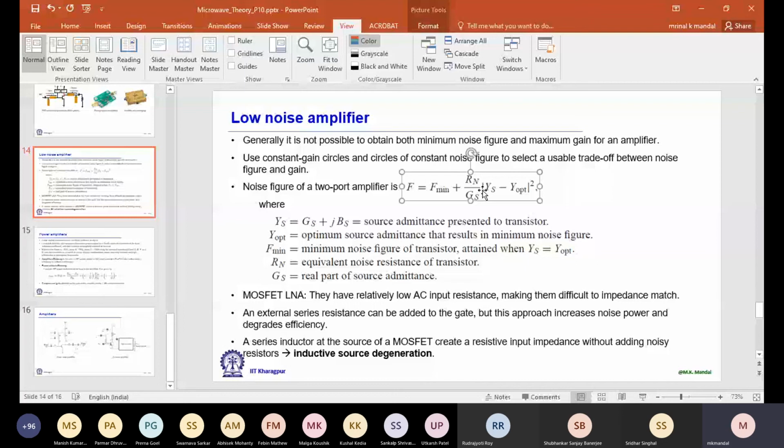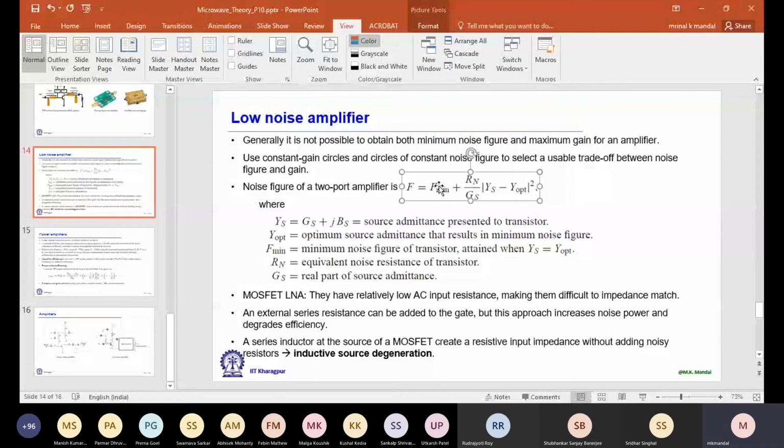So Ys is the source admittance presented to the transistor, while Y optimum is the optimum source admittance that results in minimum noise figure, and Rn is the equivalent noise resistance of the transistor, Gs is the real part of the source admittance. So it is mostly determined by the source side.